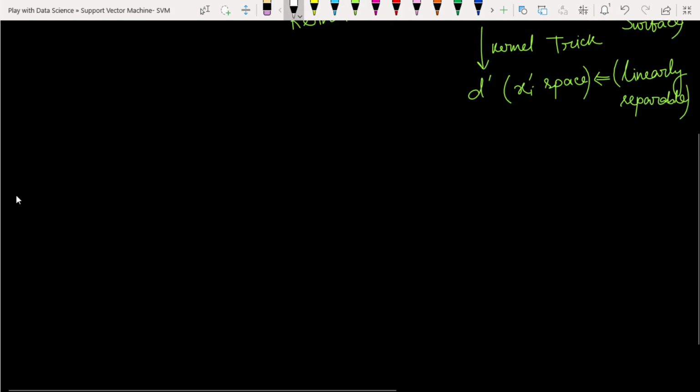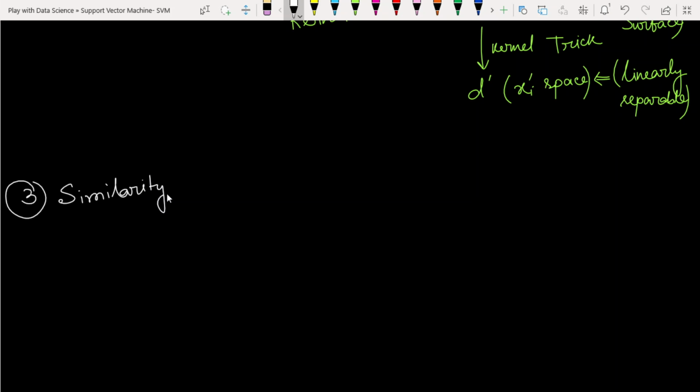Now let's consider the similarity functions. We use kernel functions as similarity functions, or we use distance functions for dissimilarity. For similarity between two points, we choose the kernel K of x.